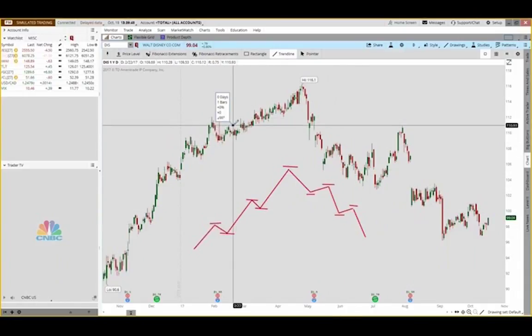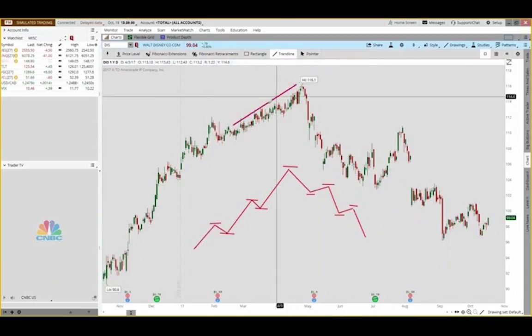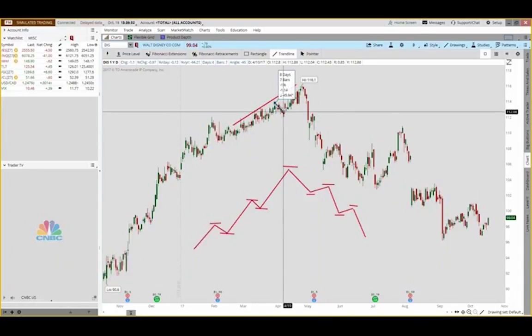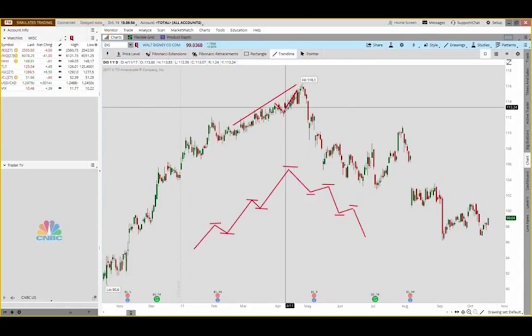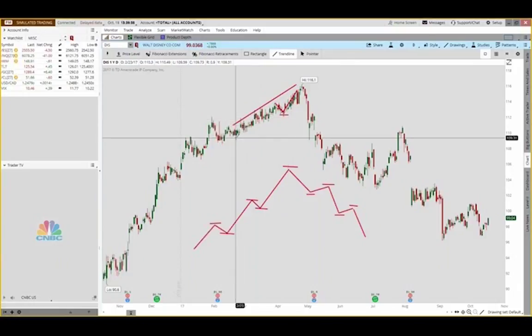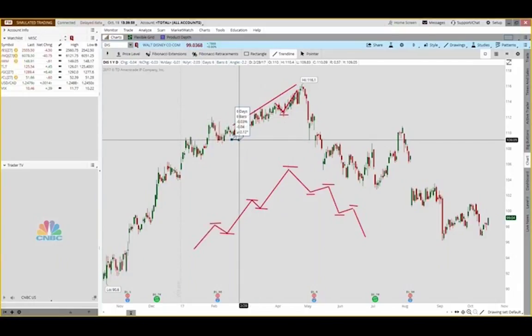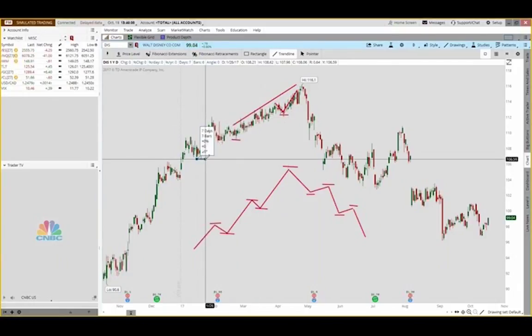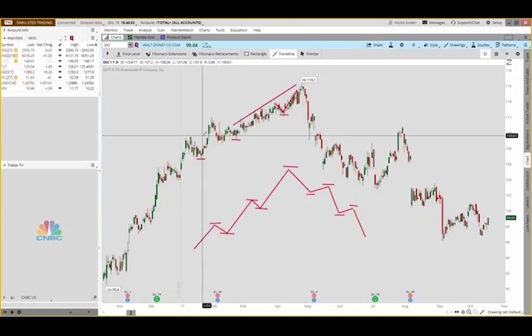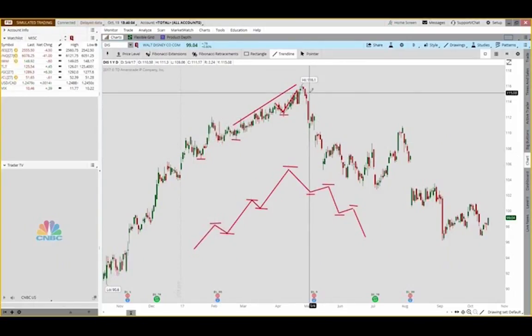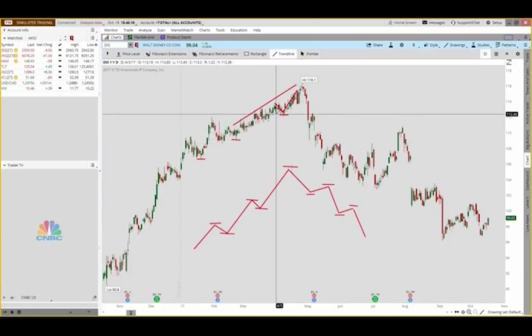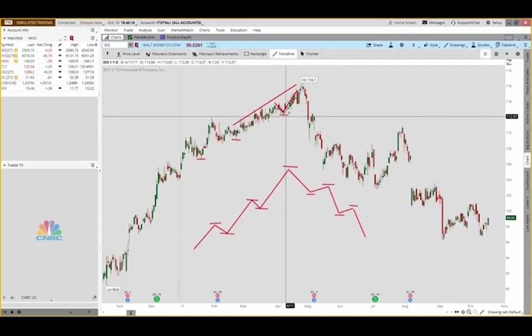So if you look at Disney here, we were trending higher, and each zigzag gave us a higher low and higher high throughout. I'm not going to draw them all out just for the sake of time. But then when we turned and price dropped, it immediately dropped below this low. So we knew we had a lower low for the first time.